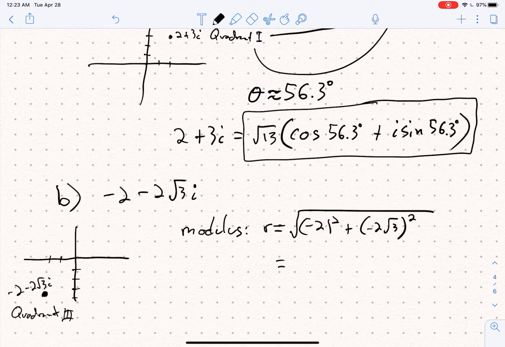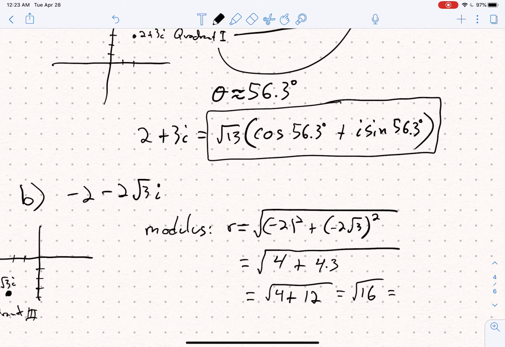So we can simplify this thing. It's radical. Negative 2, when we square it, becomes positive 4. Negative 2 times radical 3 squared, you can square each of them. So negative 2 squared is positive 4, and radical 3 squared is 3. This is radical 4 plus 3 times 4 is 12. This is radical 16.